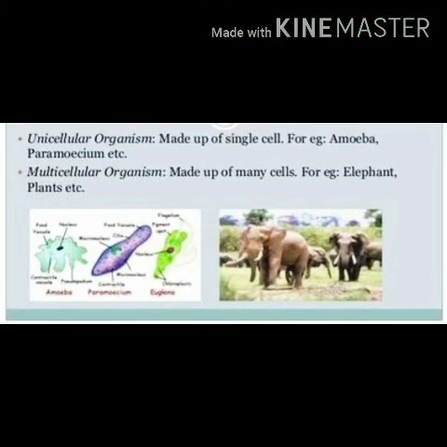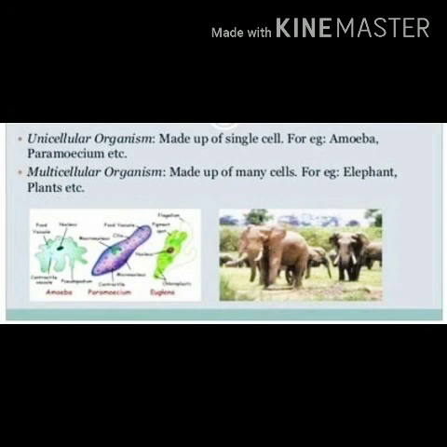So if we say the organism is unicellular, means it is made up of only one cell. Uni means one, cellular means cell. So an organism made up of one cell is known as unicellular. For example, amoeba, paramecium, euglena, all these are different examples of unicellular organisms.